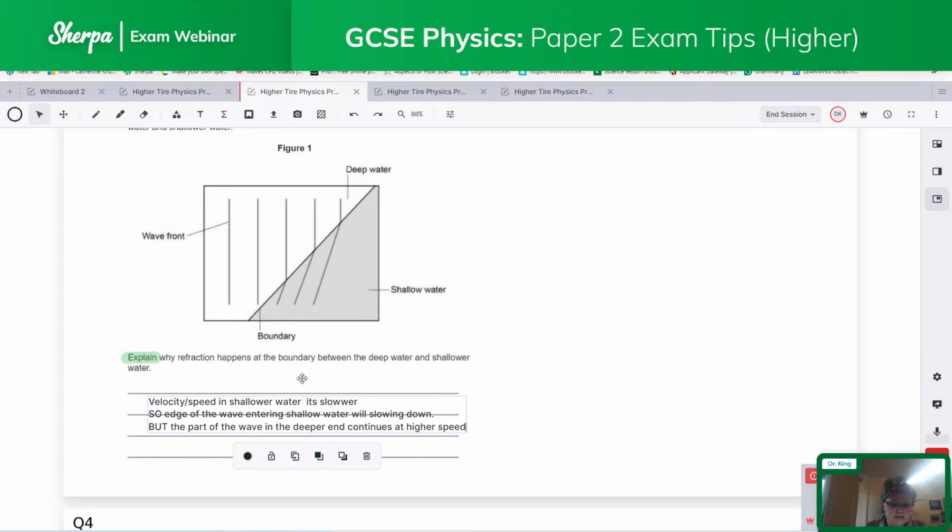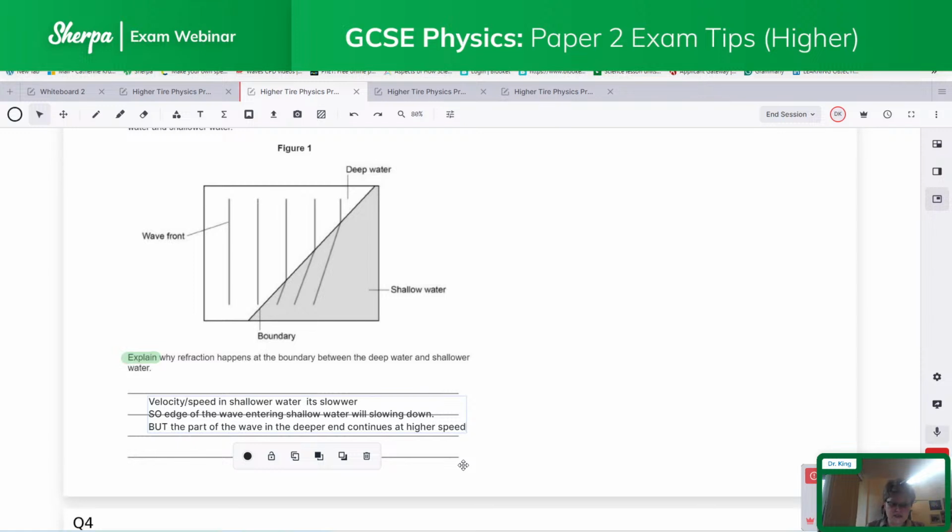Please don't assume that the examiner knows that. Those papers are checked by people with a high knowledge of physics, but they would like to see that you know how to explain and testify why refraction happens at the boundaries.